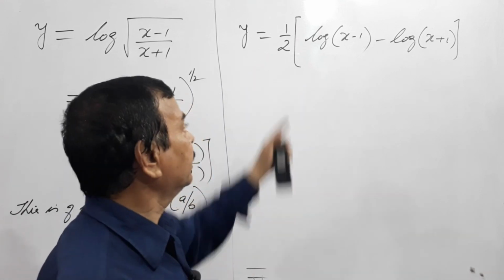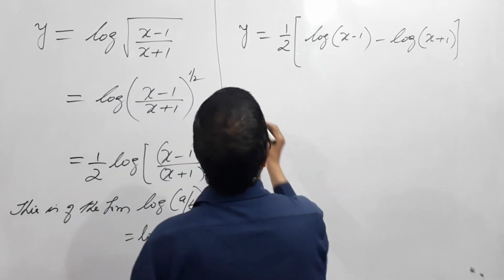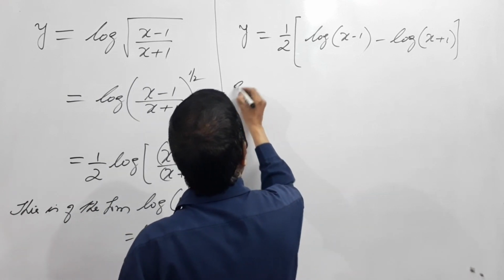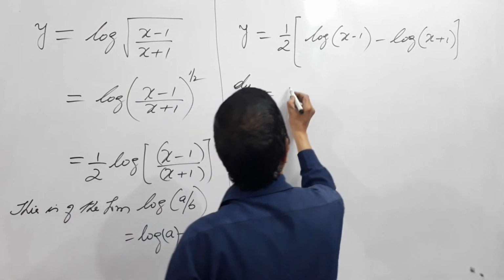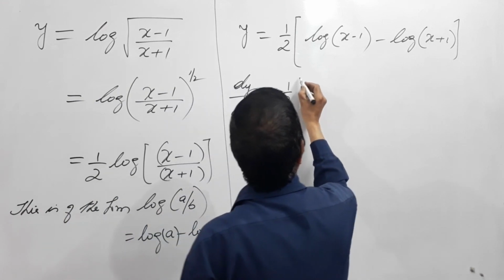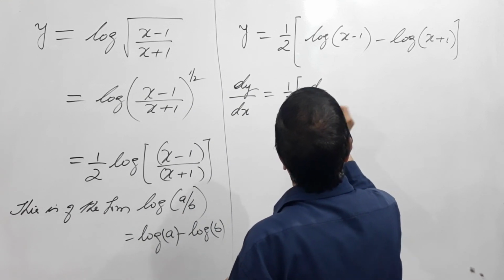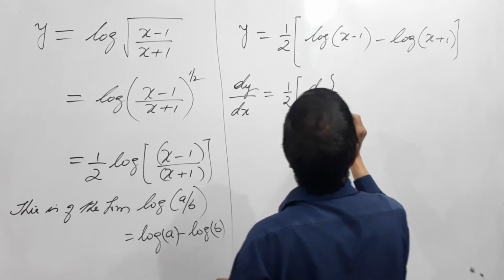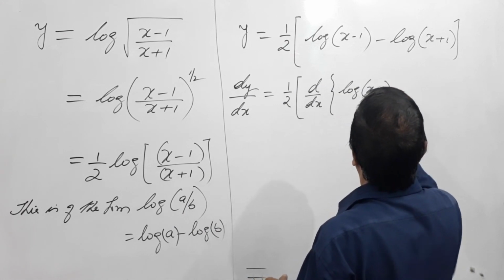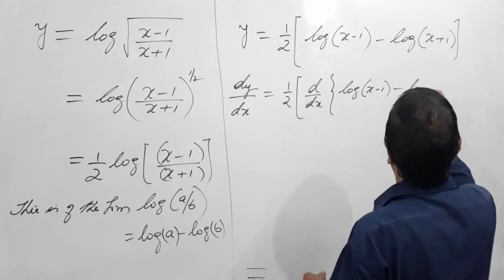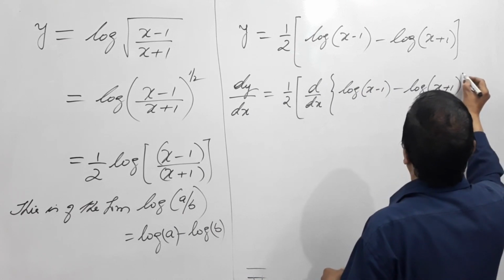Now we can differentiate this because it's easy to differentiate now. So what happens is, dy by dx equals, I'll take this half outside, so this becomes dy by dx of log of x minus 1 minus log of x plus 1.